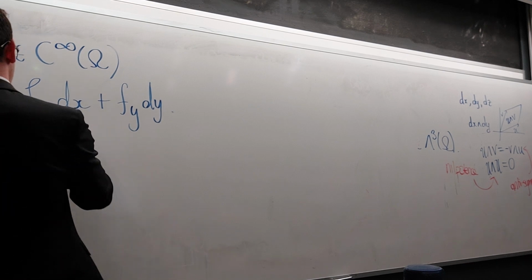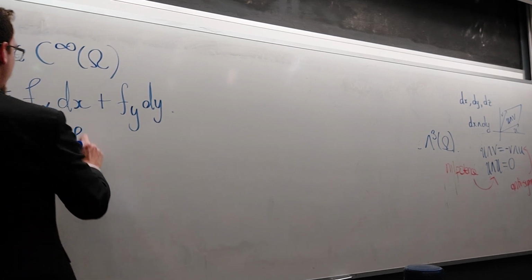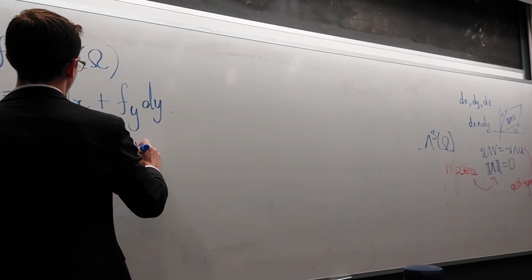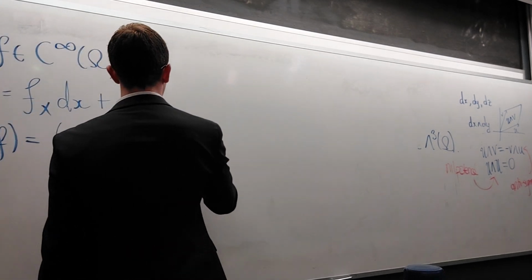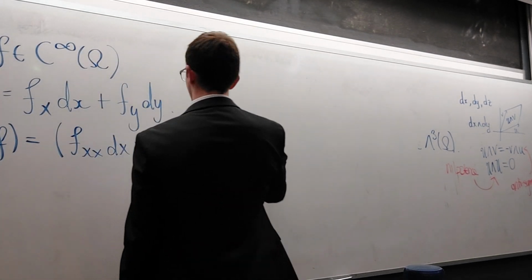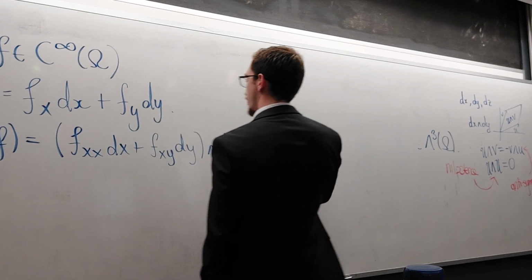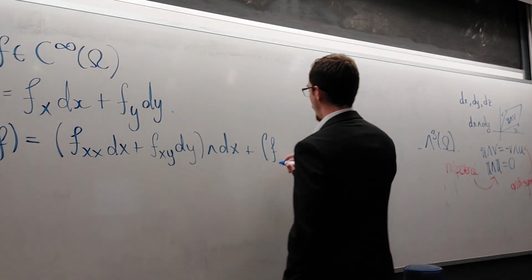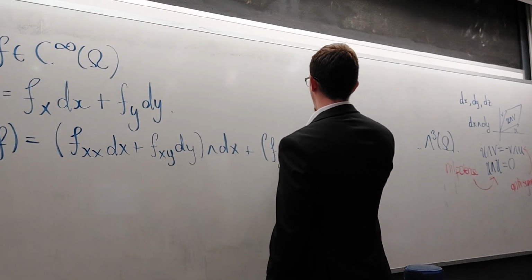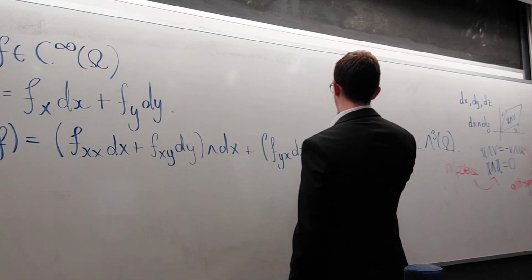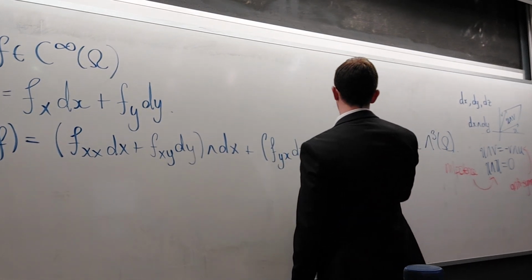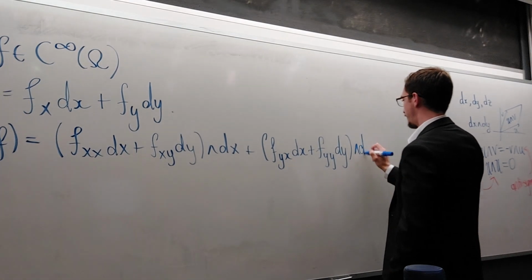So I take the exterior derivative of fx, so I get fxx dx plus fxy dy, and now I have to wedge with dx. Then I have fyx dx plus fyy dy, and I wedge with dy.